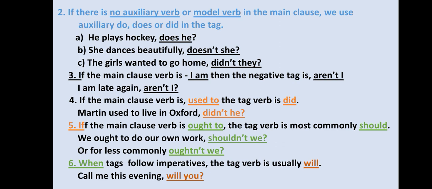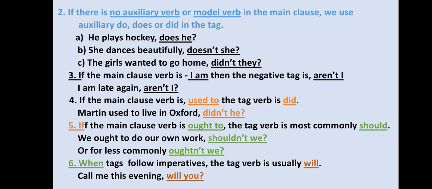Now, rule number five, if the main clause verb is ought to, the tag verb is most commonly should. For example, we ought to do our work, shouldn't we? Or less commonly, ought we not? Sometimes we use ought we not, but should is often used.